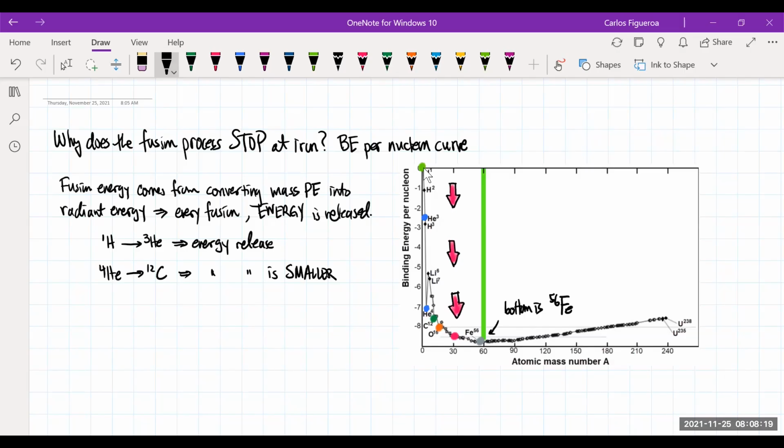And then we keep going down the process, and you can see that the difference is not so great anymore. So then I have carbon 12 going to oxygen 16. Again, we get energy release, but it's even smaller now. So the energy release is getting smaller and smaller.